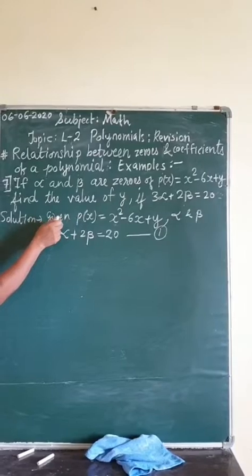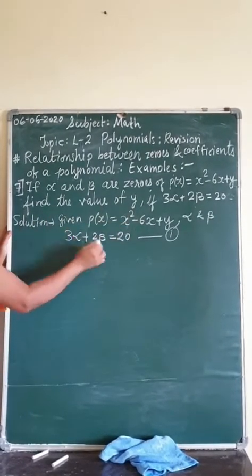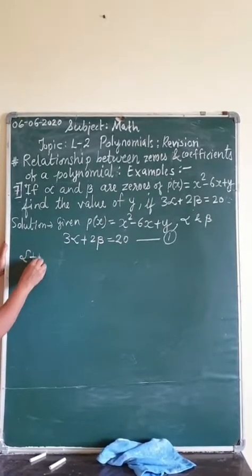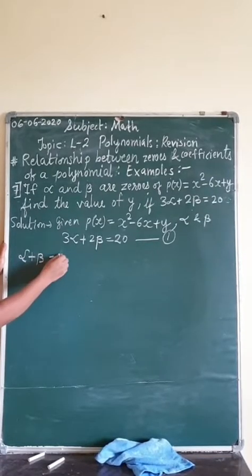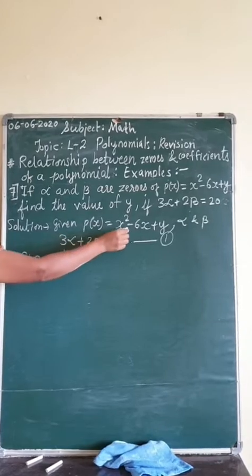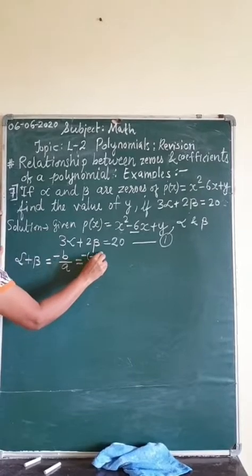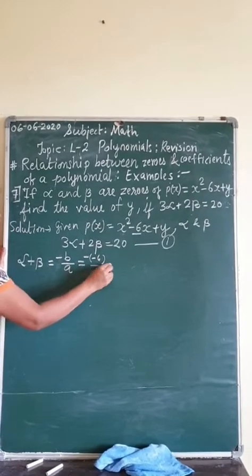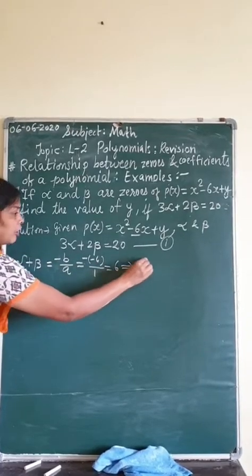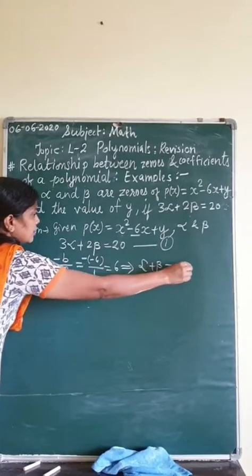Now, using the relationship between coefficients of polynomials and zeros, what we get over here is that alpha plus beta is equal to minus b upon a. So here what we have, minus b, that is minus of minus 6 upon 1. So finally we get alpha plus beta as 6. So let's write this as alpha plus beta is equal to 6.